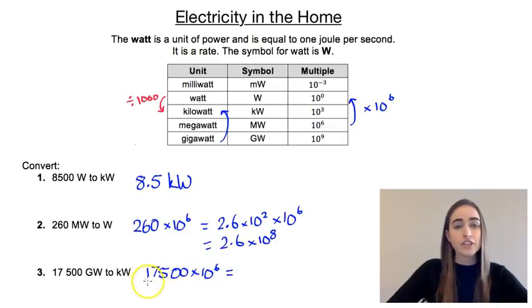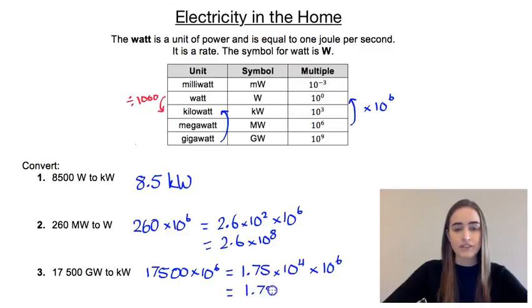Again, if we convert just this 17,500 into scientific notation, we'd have 1.75 times 10 to the power of, and we would have had to move that decimal, that's 1, 2, 3, 4 places. So 10 to the power of 4, and then we've still got that 10 to the power of 6, which means we're going to have 1.75 times 10 to the power of 10, and that's kilowatts. So this one should have been watts on the end there as well.